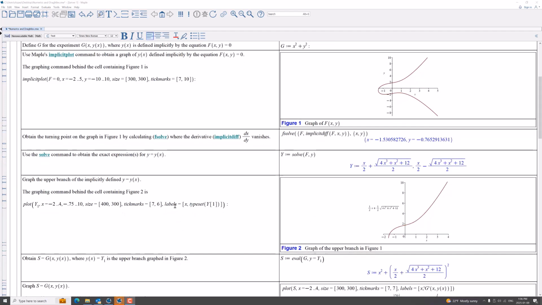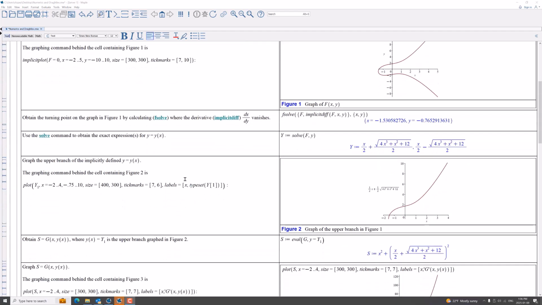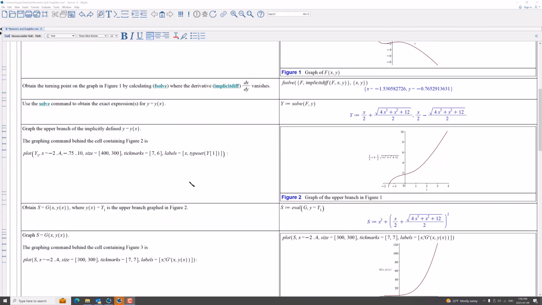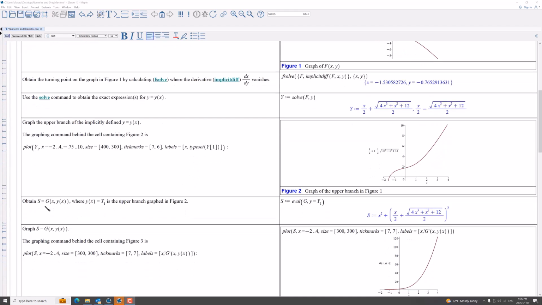Having obtained y of x explicitly, I now want to plug that into g. So I want to look at g of x, y of x. Well, that's a rather simple thing to do because here's your y, and you have to square it. There's x squared plus y squared.